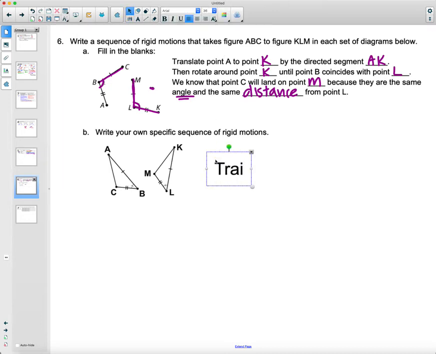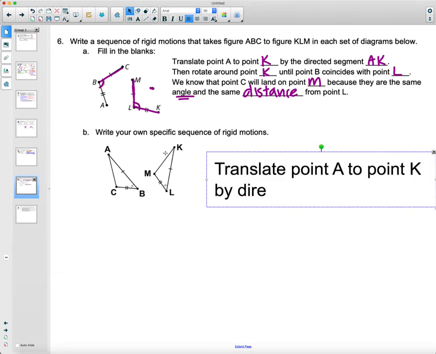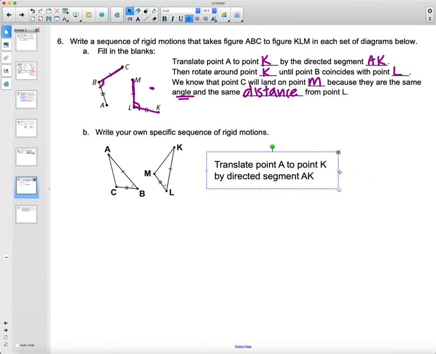So then write your own rigid motions. You can use this to help you. We're going to translate point A to K by directed segment AK. Now we have point A and K matched up.